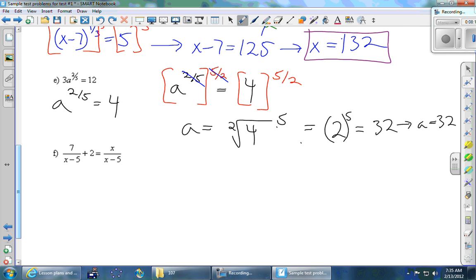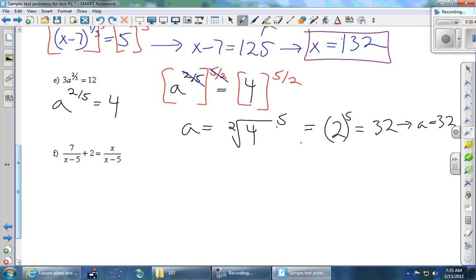And it's actually really easy to stop there and call that your final answer. But we're actually missing something, and this is really subtle. When we raised both sides to the 5/2, we saw that really we ended up taking a square root. That's what the 2 meant in the 5/2, right? And if you take the square root of both sides of an equation, you have to put something in. And the thing you need to put in is a plus or minus.